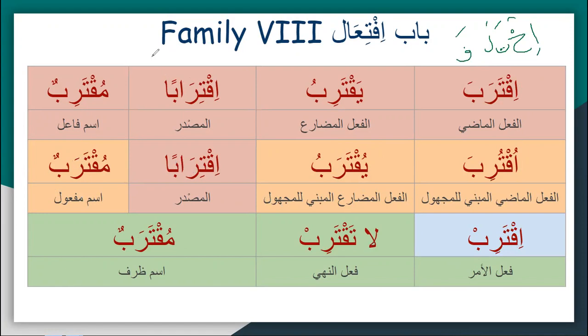Let me do sin, mim, and ain. If I want to make it family number 8, the iqtaraba family, I have to put an alif here, then a sukoon on the sin, then a ta in the middle of the first and second root.